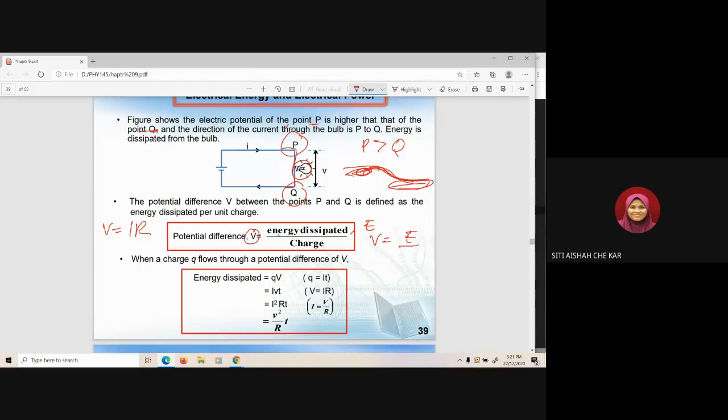V equals E over Q. Or we manipulate the formula to E equals QV. But we know Q equals IT, so E equals ITV. So this is the energy dissipated.